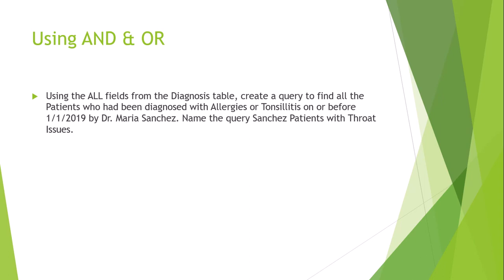And then when we're talking about using "and" and "or" for our criteria, we're talking about a field with criteria that are mutually exclusive to each other, such as our allergies and tonsillitis. But then they have other things that are related to it, which were the date in this instance and Dr. Maria Sanchez.